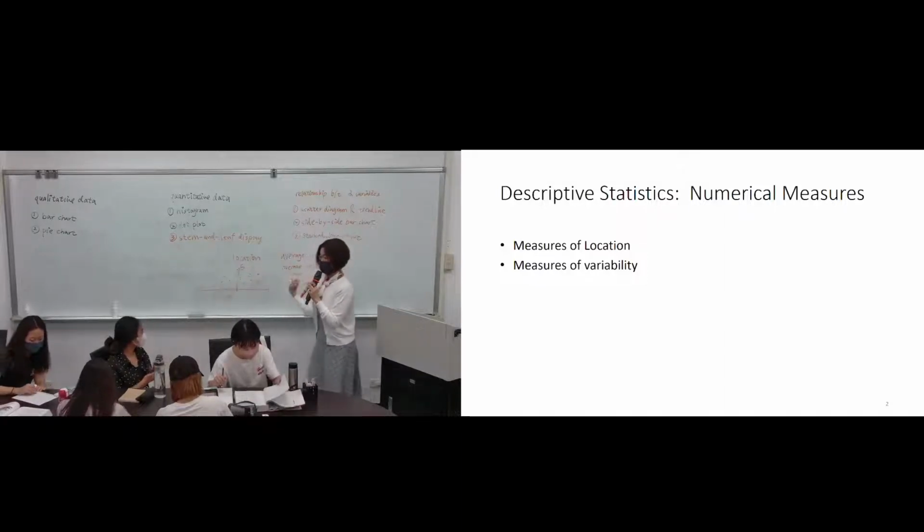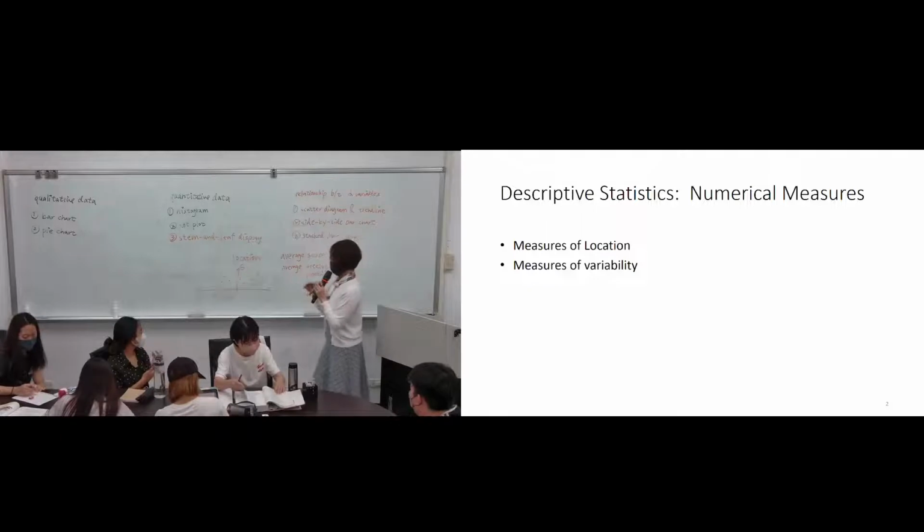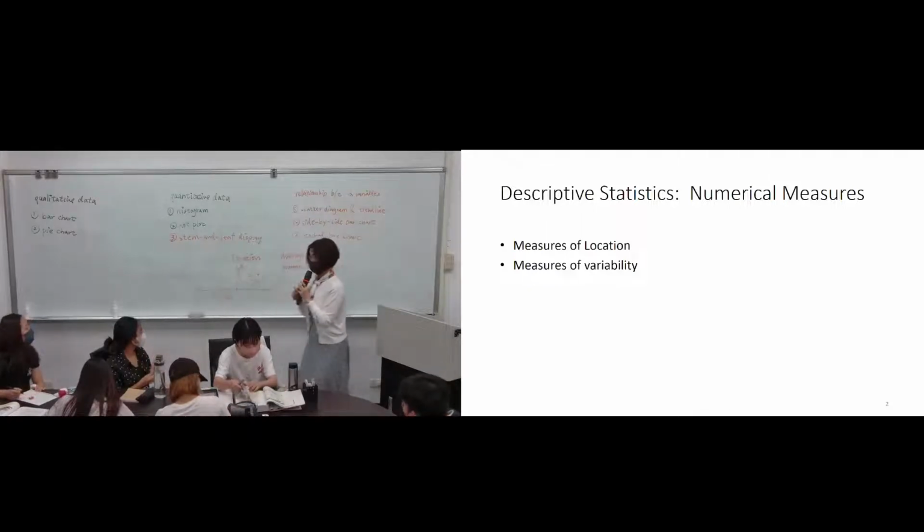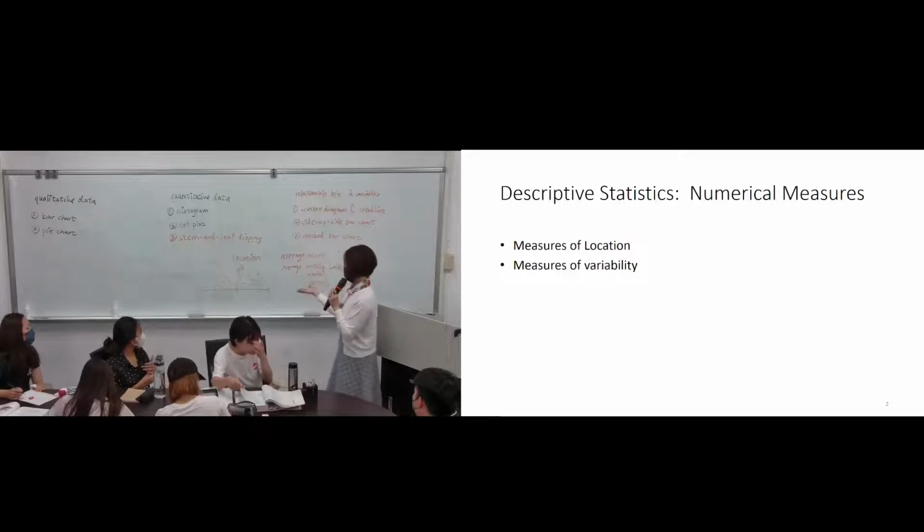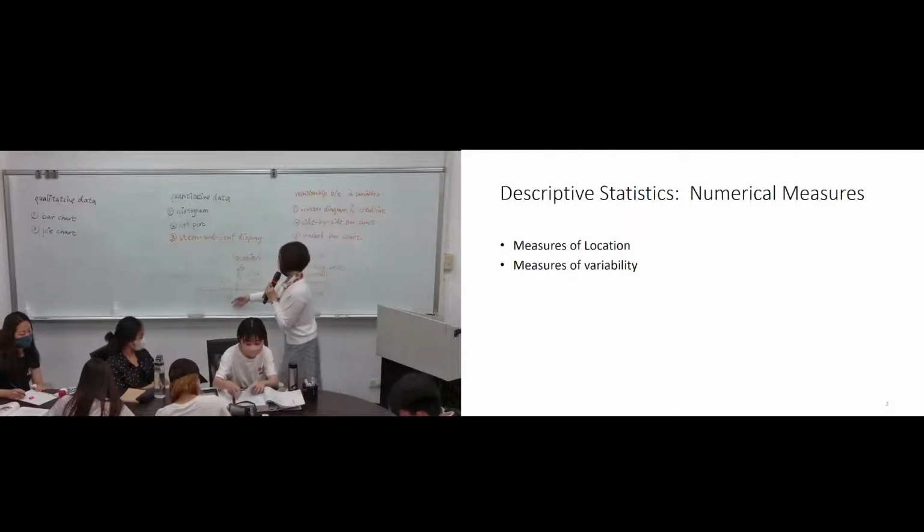So our class performance is better than 60, because 60 is usually a critical value. If we have a score above 60, it means that we pass the course.